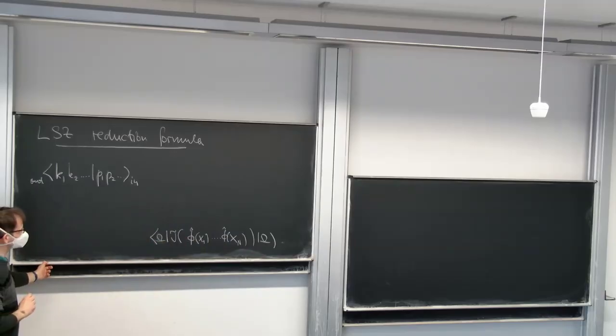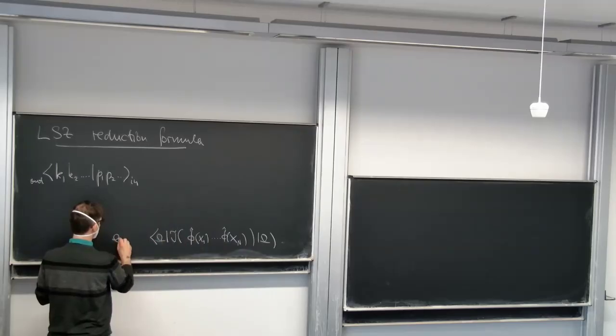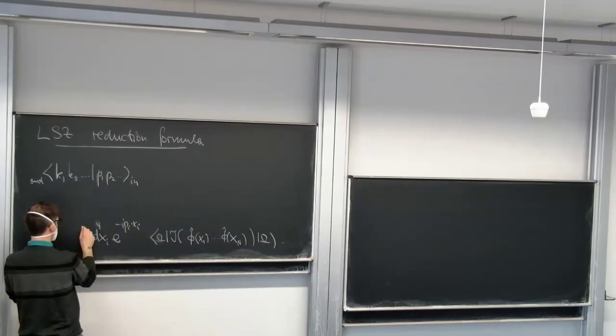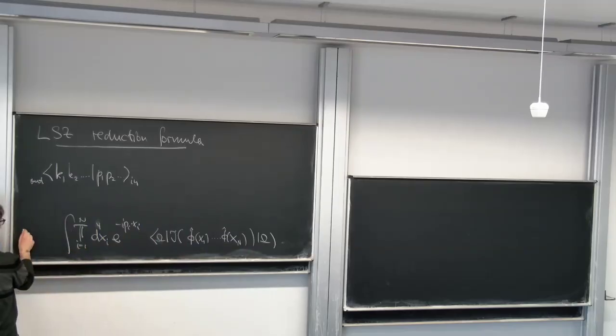Before you transform this thing in all the variables, e to the minus i p_i x_i, d^4 x_i, i from 1 to n, integral. And that's called the Fourier transformed time-ordered n-point correlation function.